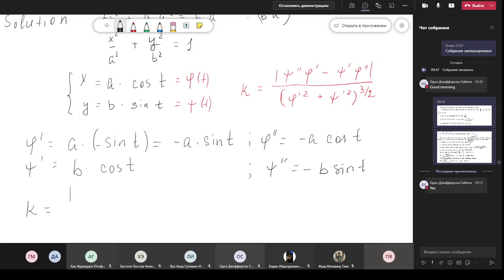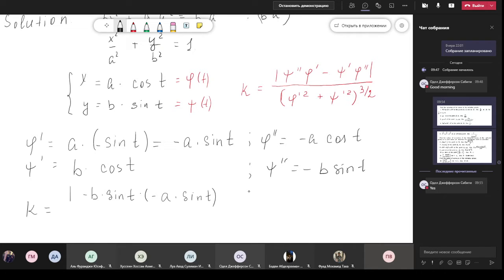Good, very good. Then psi double prime stays here, minus b times sine of t, times phi prime. Phi prime is minus a times sine of t. Write it down.